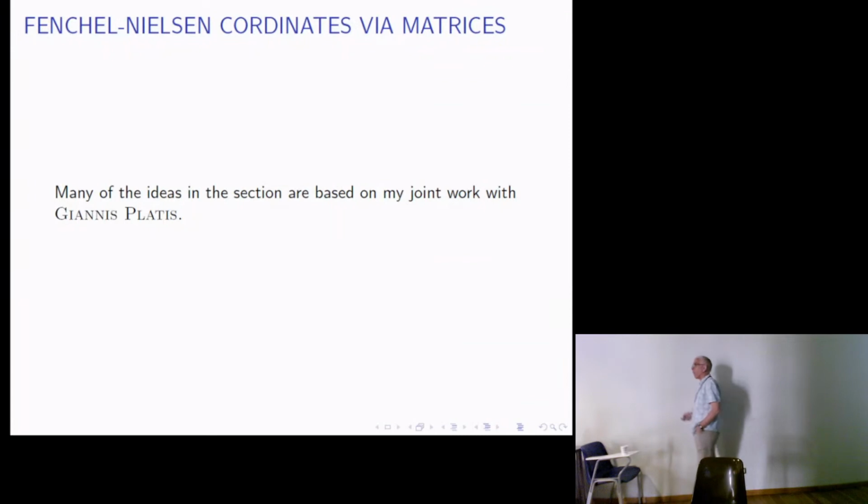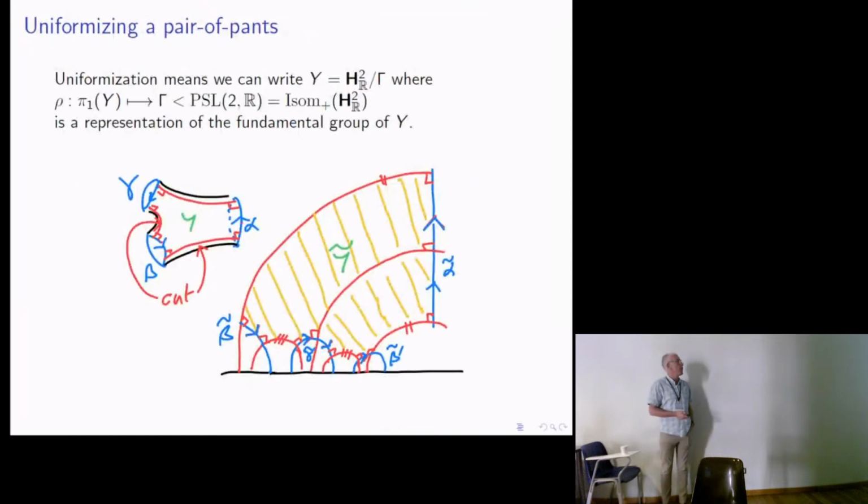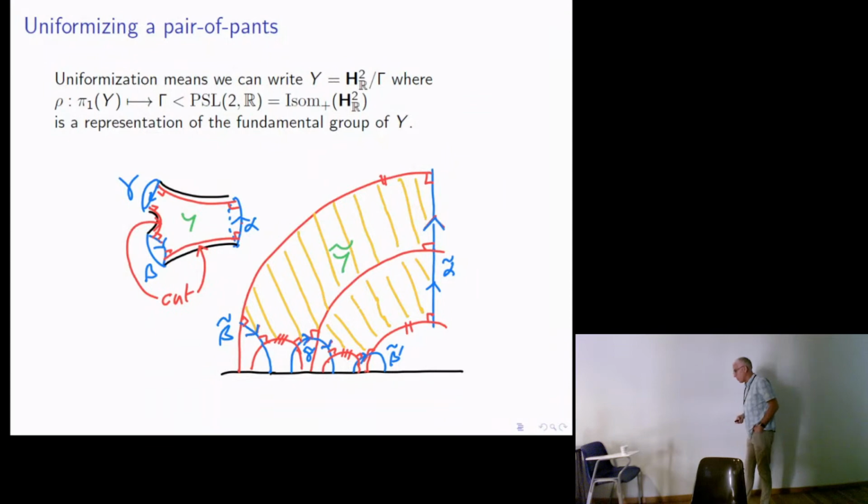So let's do the whole thing again without using geometry, but now using matrices. First of all, I need to uniformize my pair of pants, so I'm going to write it as the quotient of the hyperbolic plane by a Fuchsian group. That Fuchsian group is going to be the representation of the fundamental group of this pair of pants.